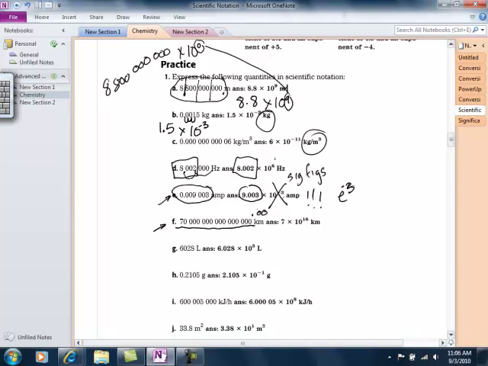I might as well not even put it into scientific notation, right? Because those zeros are between 2 significant zeros. So they may or may not be significant, but they're between 2 significant zeros. So I'd have to write it all out in my answer anyway, so I might as well not even put it into scientific notation. But there's no decimal there. So that's why I can do that.